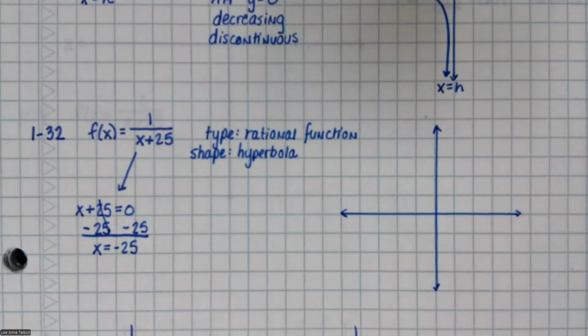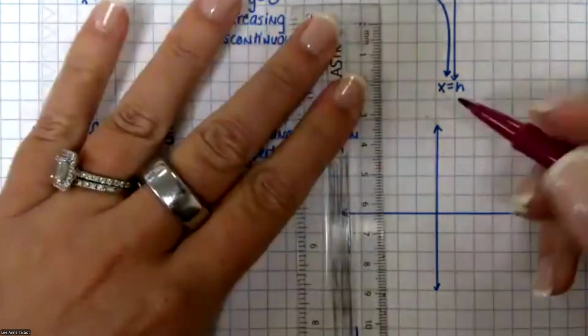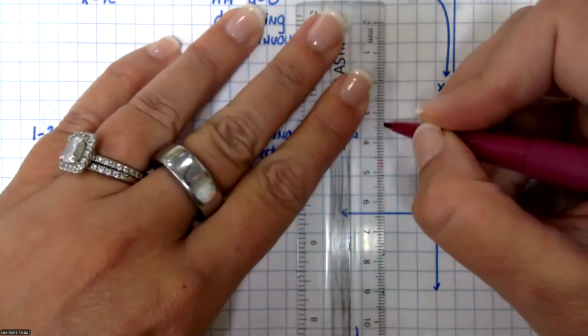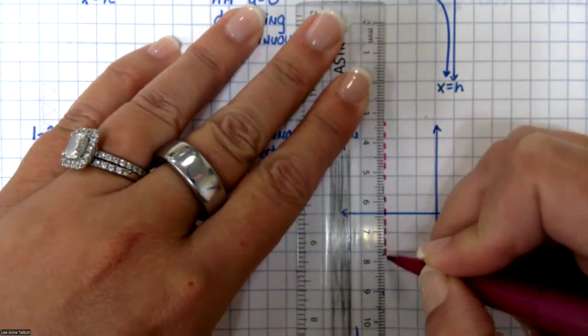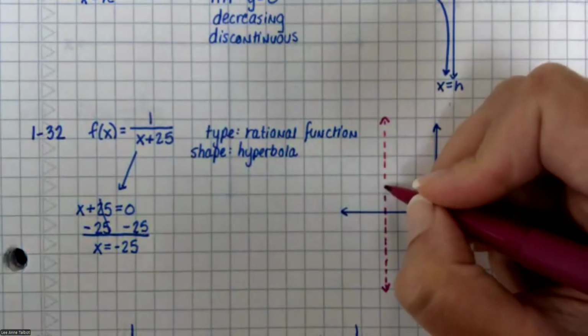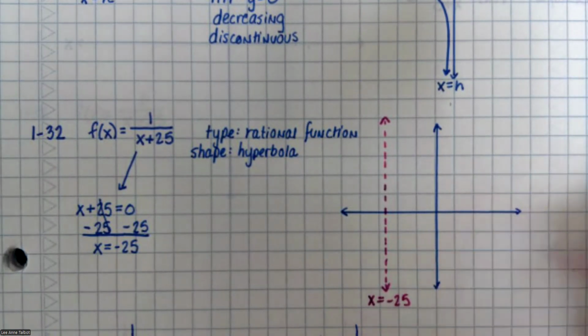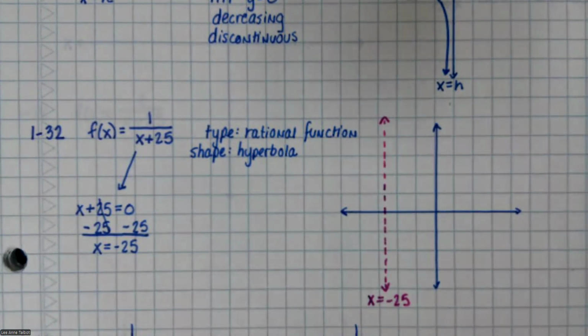Okay, what you're going to do is take your other color, or you can just dash it, and we're going to make a vertical asymptote at negative 25. Do we have to go over 25 units? No. We're just going to write x equals negative 25, and we're just going to visualize that that's 25 over.